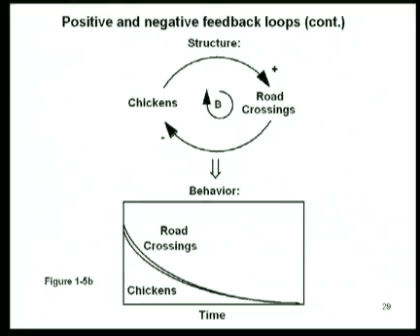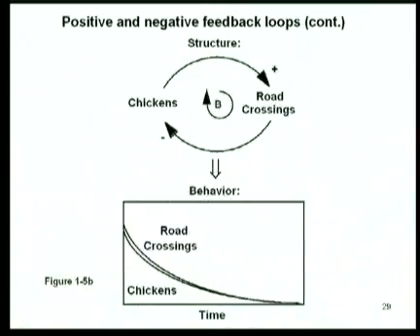And that's simply the product of the signs on these arrows. So chickens increase, road crossings increase. Road crossings increase, chickens decrease, hence the negative. So this is a negative feedback loop, and it has limiting behavior. And that's shown in the graphic below. So here we have a decay, if you will, in the number of chickens and the number of road crossings.